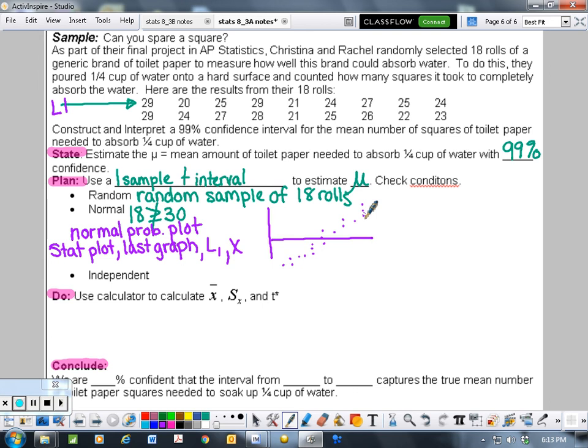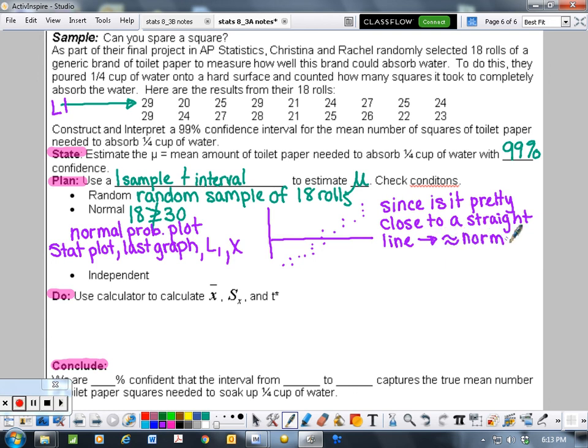And then we say, since it is pretty close to linear, or pretty close to a straight line, it is approximately normal. And so now we've taken care of the normal condition.